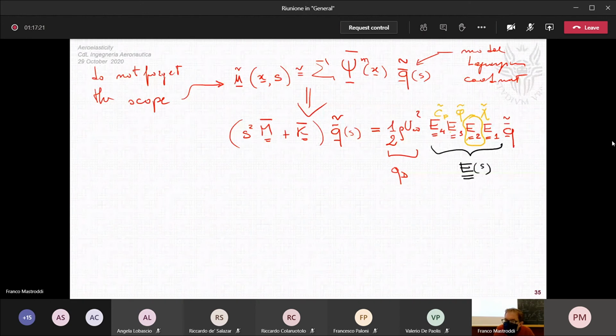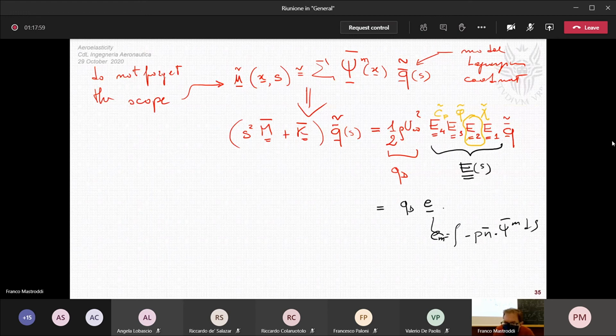And the final one transforms the pressure coefficient into the generalized force. Here you have the dynamic pressure Q times a coefficient, by E4, which gives the generalized force. Remember, you have to project the pressure on the mode to get the generalized force. And so the last step here is the generalized force.